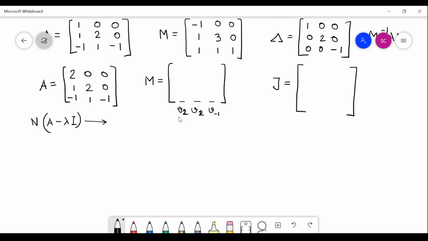There is a form which exists which will not be the diagonal form, but it is very close to the diagonal form, and it is like this. This is called the Jordan form.